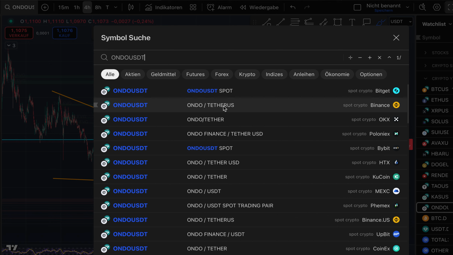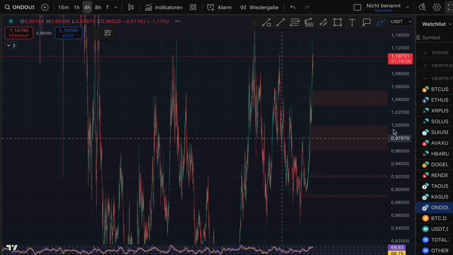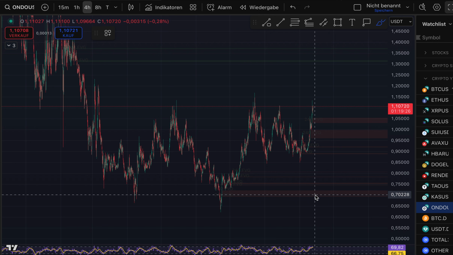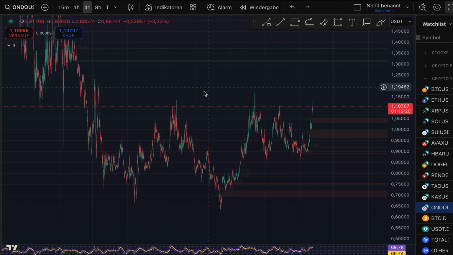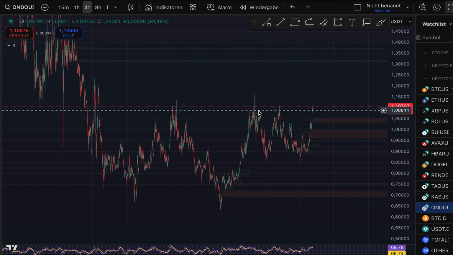Oh, I'm trading on Binance, then I use the Binance chart. OKX is also here, Poloniex is also here, MEXC also here. So I can switch the charts, and there I have a more accurate analysis, because Binance doesn't have the same prices for ONDO. There's always a very small difference between them. So keep that in mind.